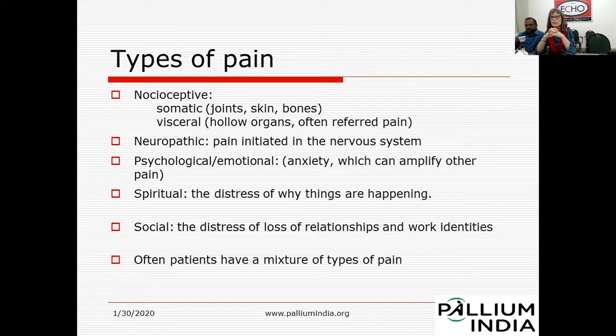So neuropathic pain is really a disorder of the nervous system and is often quite sharp, quite intense. It's the pain that you get if you hit your funny bone in the wrong way, and it's very intense within seconds.